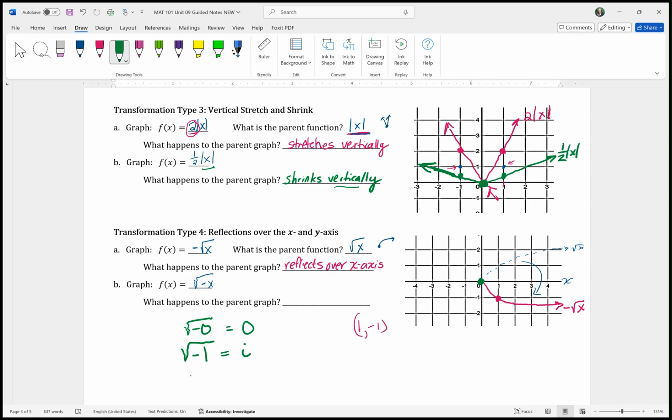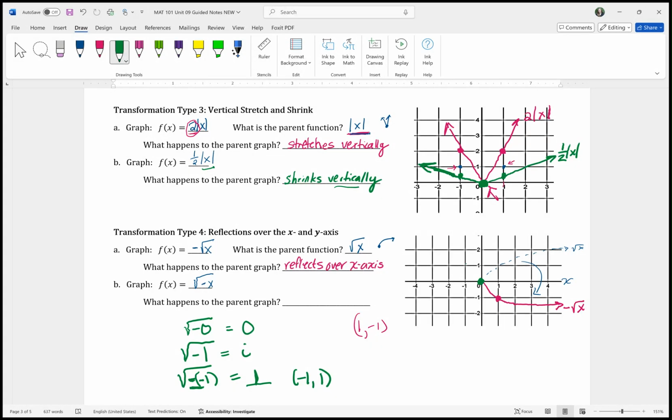What can I plug in for x right here so that I actually get a number out? That's where you would need to change the sign inside there. You need this x to be negative in order for these two negatives to become a positive, and the square root of 1 is 1. So you put in a negative 1 and you got out a positive 1. What point is that? Let's see.